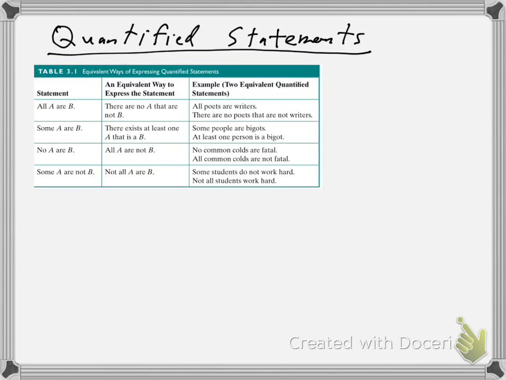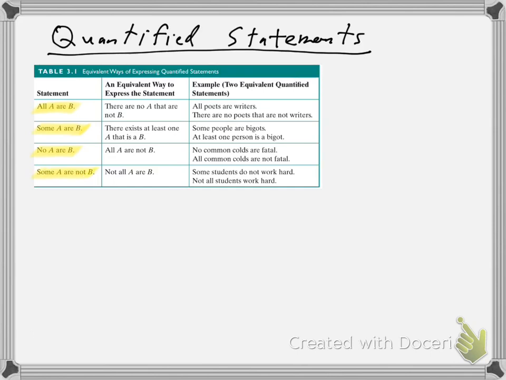And they do not have to be true statements. This is really important in logic, guys. A statement is a statement even if it's false. It just has to be the kind of statement that you could determine whether it is true or false or not. So these are the common ones here: all A are B, some A are B, no A are B, and some A are not B.